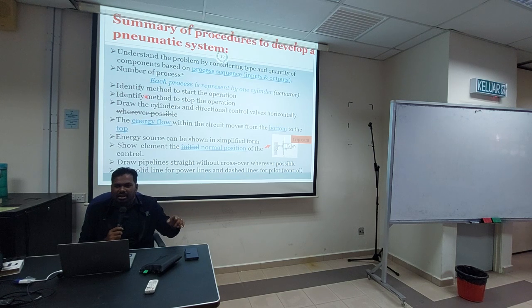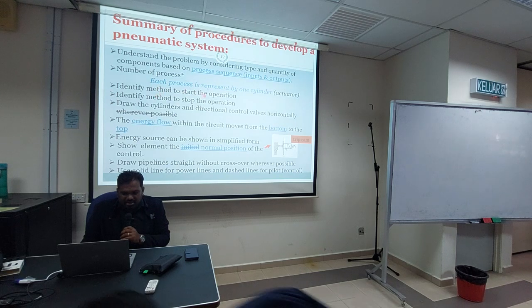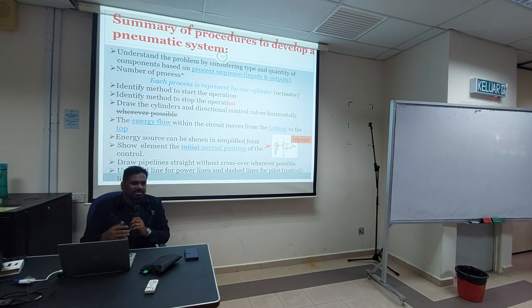Either push button ataupun foot pedal ataupun hand lever. So apa-apalah. So apa-apa yang diperlukan. Then the method to stop the operation. How you want to stop? So ada emergency button ke, ataupun you need to after one complete cycle dia stop until you press the push button again. So you kena determine.